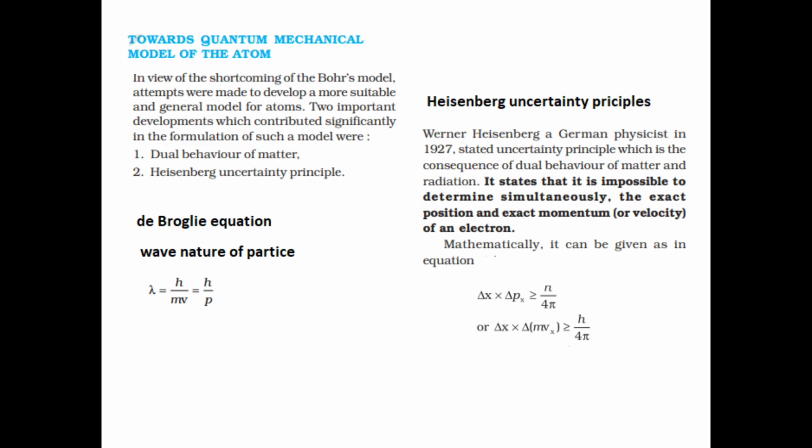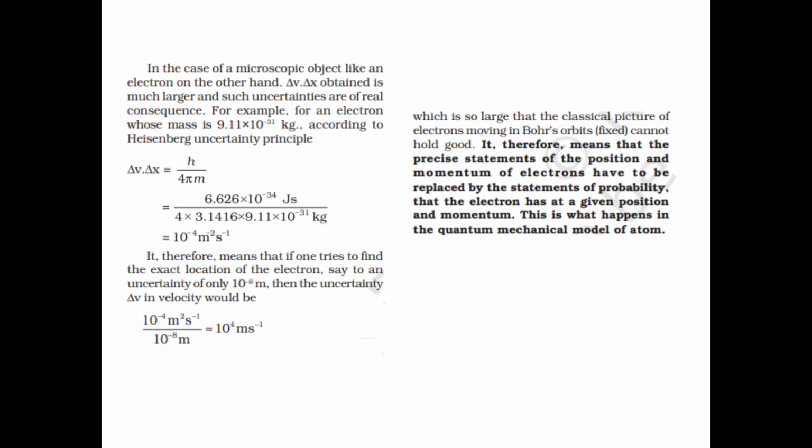Mathematically, it can be given by the equation delta x into delta px is greater than or equal to h by 4 pi, or delta x into delta mvx is greater than or equal to h by 4 pi. In the case of a microscopic object like an electron, delta v into delta x is much larger, and such uncertainties are a real consequence.